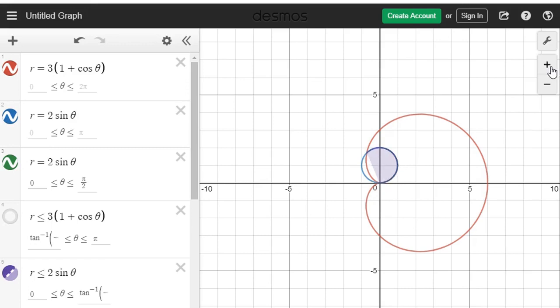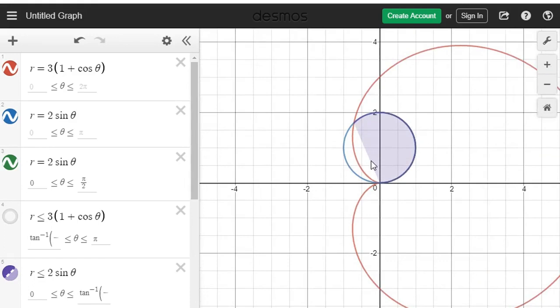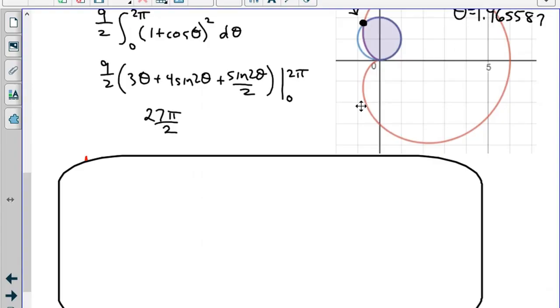So notice I'm getting rid of that right now. And then the other thing I have to get rid of is the cardioid from wherever that intersection is to pi, so 1.9655, whatever it is. So that is the part that I have to subtract. So 27 pi over 2 is the whole red. Now I have to subtract these two parts in order to get what I want.